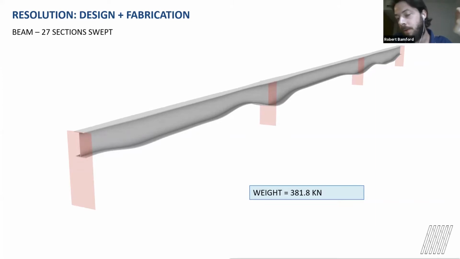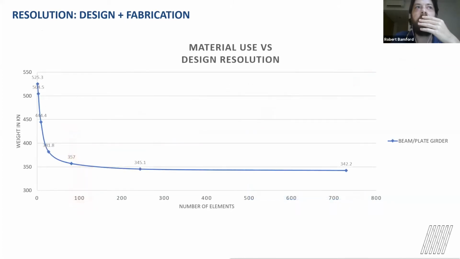But the key point here is that the closer you look into a problem and can design and detail it, the more you can find substantial efficiencies by applying really commonly available software and techniques. So this leads us to our first point, which is that the resolution of the problem is key to finding efficiency and material efficiency. Now this is of course just for a beam.